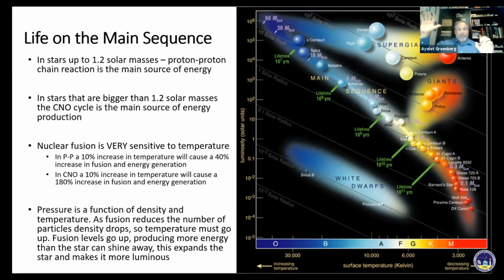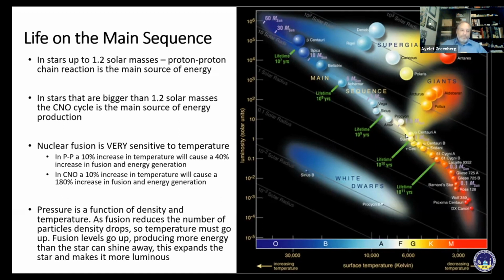Just increase temperature by 10%, nuclear fusion goes up 40%. If you did the same thing in a bigger star, which is using the CNO cycle, a 10% increase in temperature will drive a 180% increase in energy production in nuclear fusion. So it is driving nuclear fusion into overdrive. It is a very powerful process.